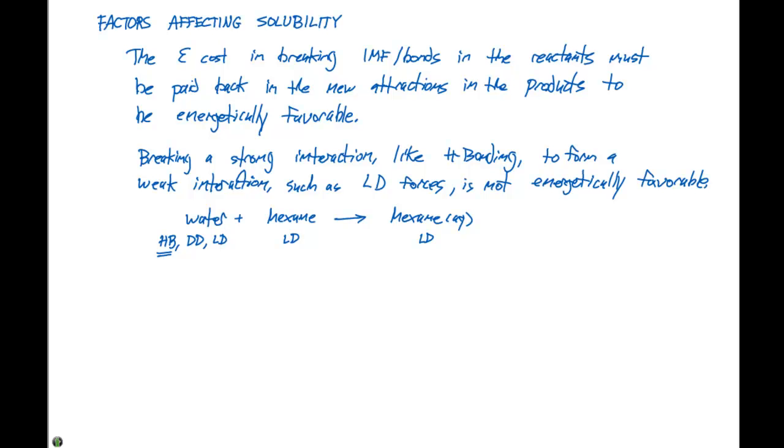So it would not be energetically favorable for this particular reaction to take place. Therefore we won't get this to dissolve, and if we mixed these two liquids together, we would get a water layer and a hexane layer, and we would see two distinct layers.